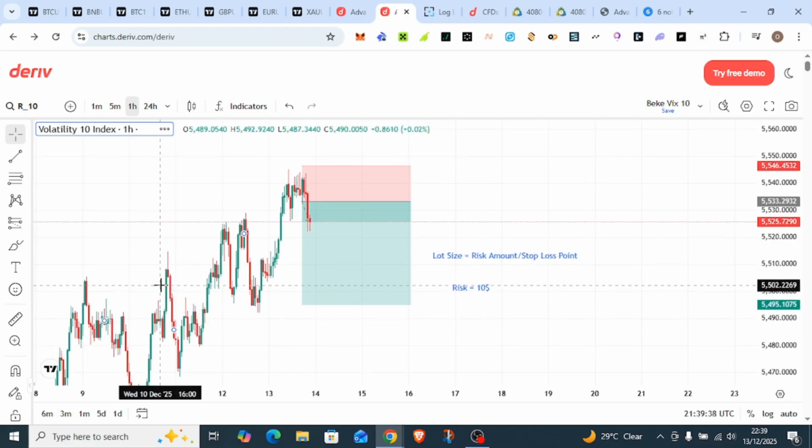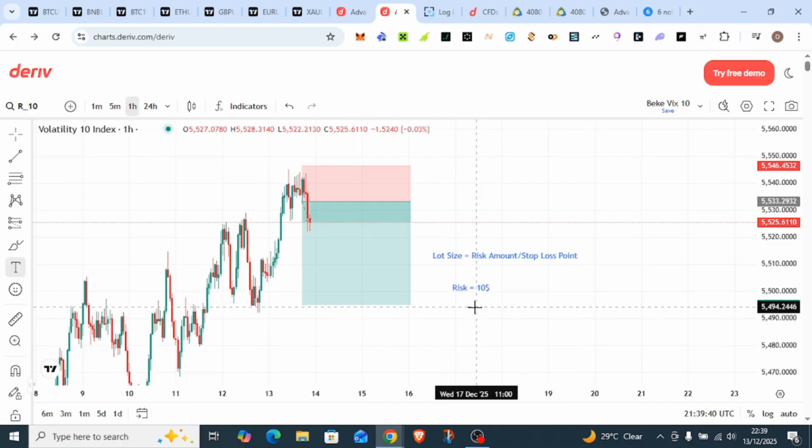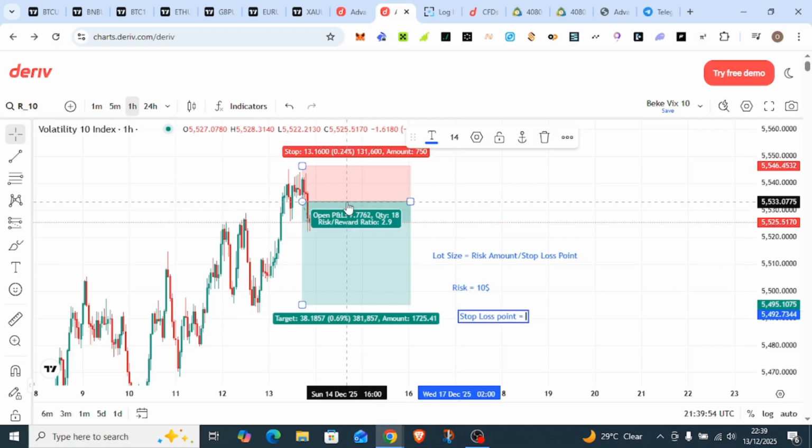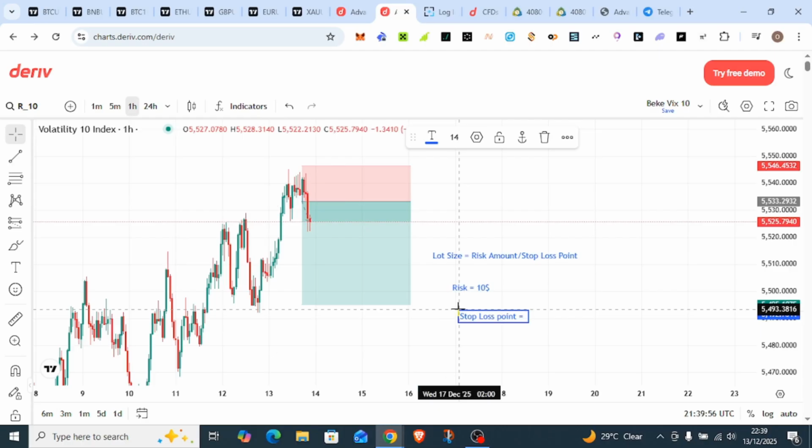Then stop loss point from this setup is 13.1600.